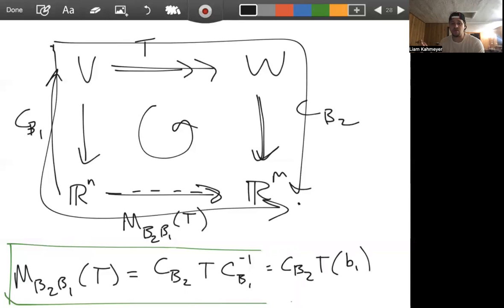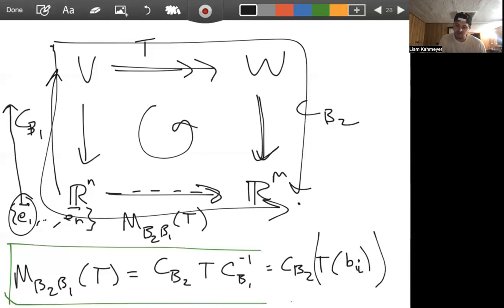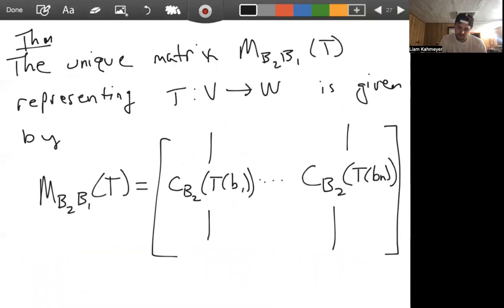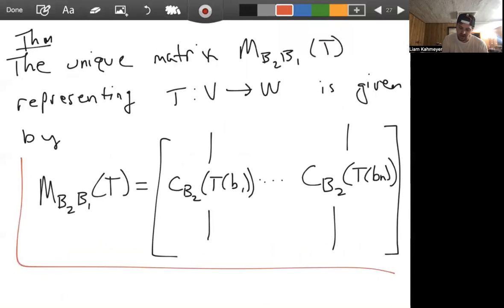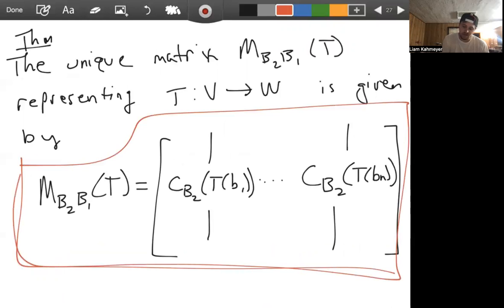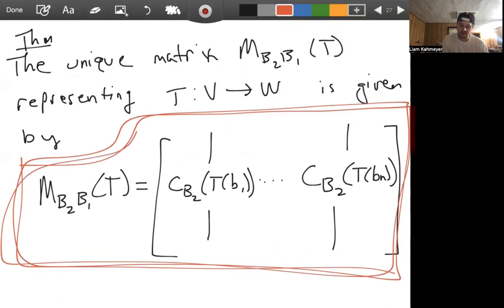If you do that on the standard basis in R^n, E1 through En, the image of C_B1 inverse of E1 is just B1, so this would be B_i, for i going from 1 to n. And this is exactly how we define the matrix representing a linear transformation.